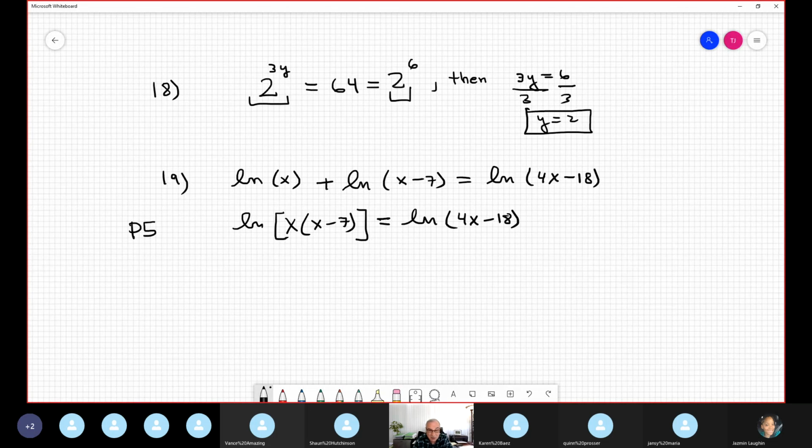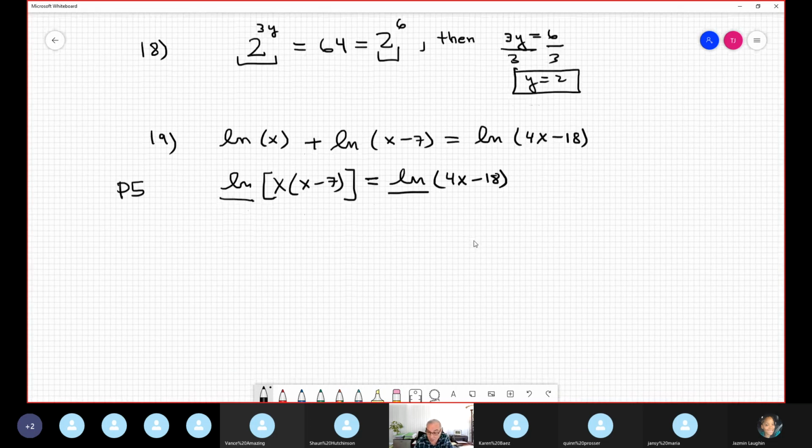Now a similar situation happens. You have one equation that contains two logarithms with the same base. Therefore, I know that this function is one-to-one, so the argument values are the same. So I just copy the arguments inside.